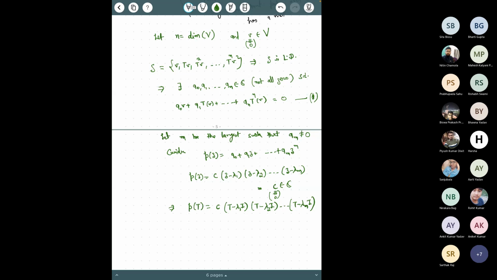I just need this factorization, so I'm writing it in this way. I don't know what this polynomial is exactly. What I know is that it is a polynomial of degree m over C, and therefore I can use the fundamental theorem of algebra and write a factorization for this. That's all. We don't need anything from this C. We just need that this C is not 0.